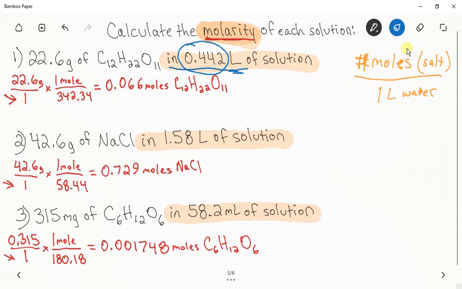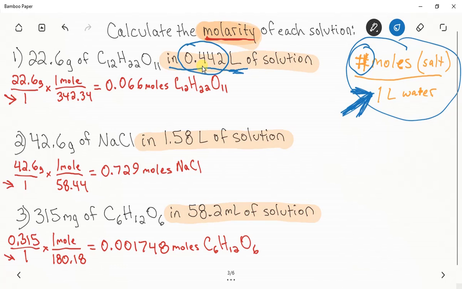But remember, molarity is all about what's in 1 liter. If you were to make the same recipe, but make a liter of it, how many moles would you actually put in that liter of water to make the same strength orange juice, or the same strength Kool-Aid?